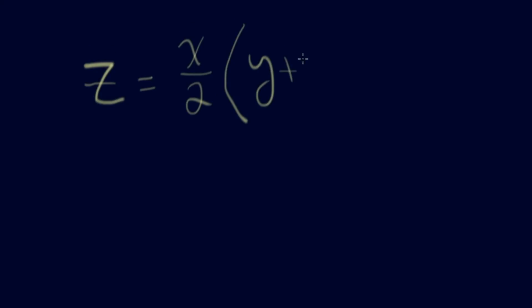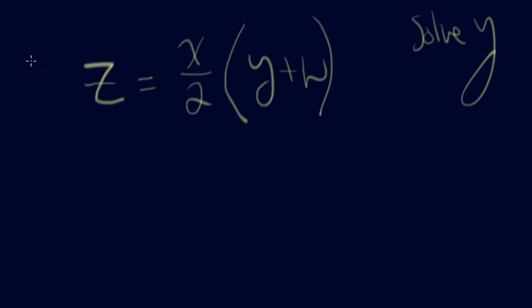And this will be the last example for this section. Z is equal to x over 2 times y plus w, and I want to solve for y. Using our math rules, I'm going to try and get rid of my denominators because I think that's going to be a little bit easier.